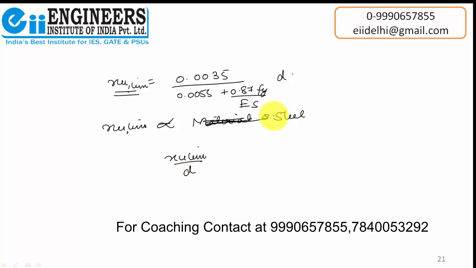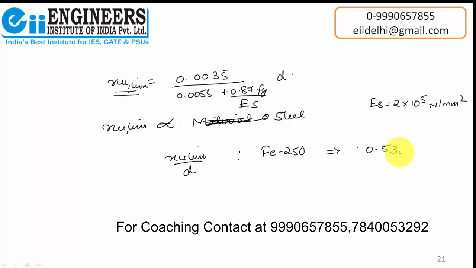So Xu limiting by d, if you put Fe 250 in this value, Es is of course, as I have already told you, 2 into 10 to the power 5 Newton per mm square. If you put these two values for Fe 250, this value of Xu limiting by d is 0.53.